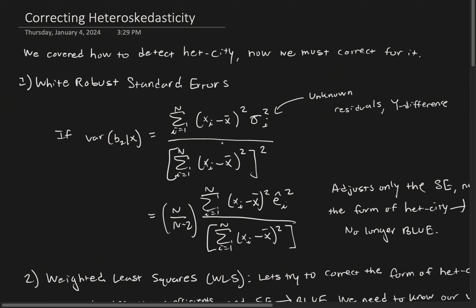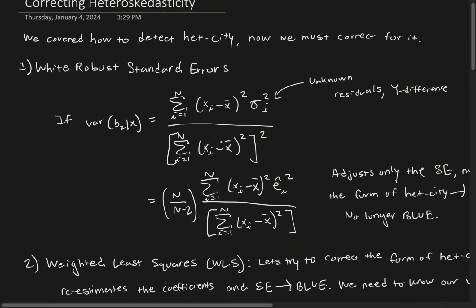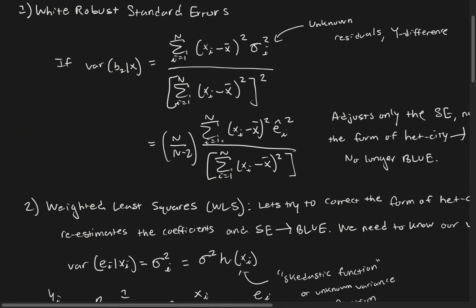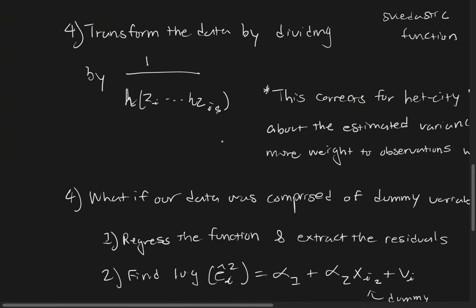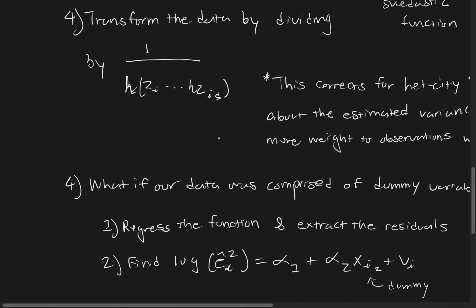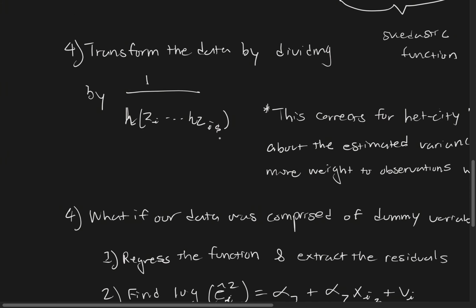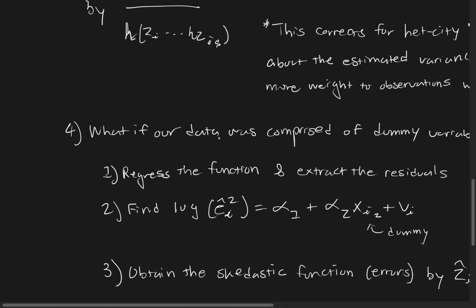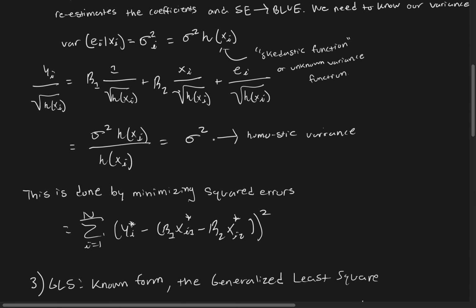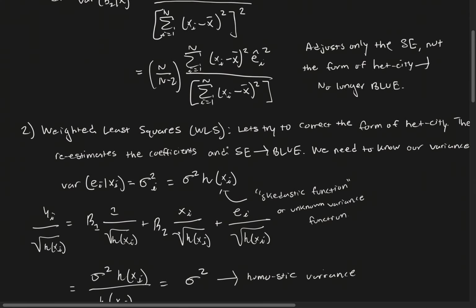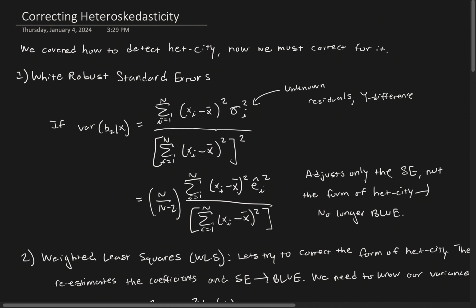They're still meaningful, but our standard errors are incorrect. So stuff like hypothesis testing or confidence intervals, we can't do. But with these four methods, we actually can, which is why this part of heteroskedasticity is very important.